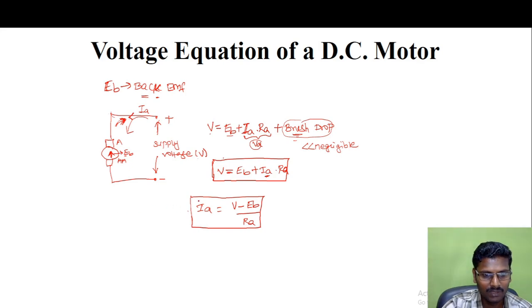Let me solve this step here. From this, IA RA is equal to V minus EB.